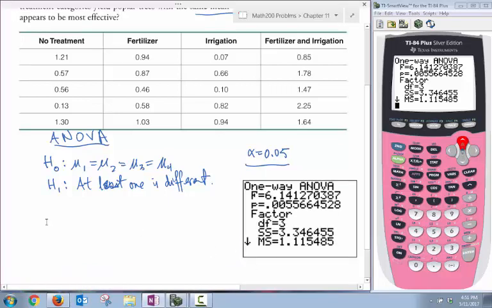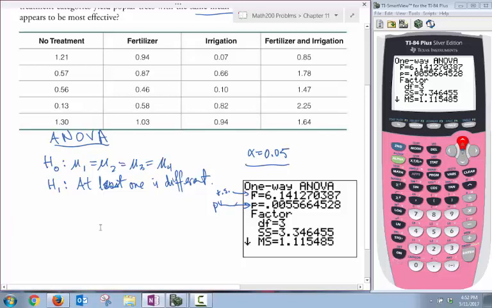If we look at our output and focus on our p-value given here, and our test statistic given here, since we don't have critical values for our test statistic, we really can't do anything with this 6.14, but we do note that this is a fairly large number, and more importantly we can get our conclusion from our p-value.